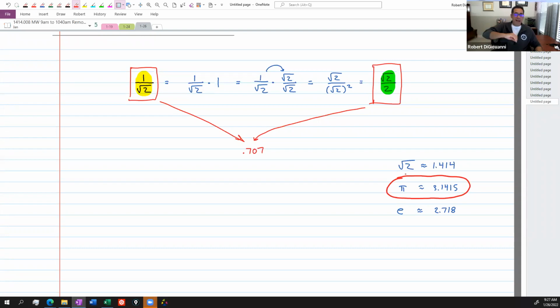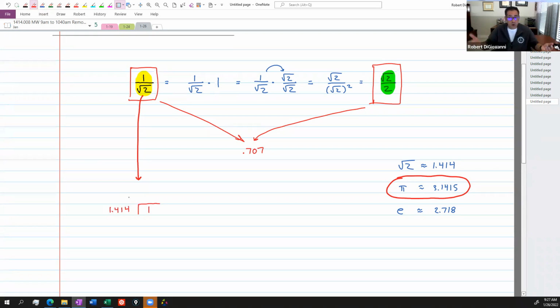So imagine you're back before the calculator was available, and you were in a math class and you had to figure out what this was. To do this computation, here's what you would have to do. You would have to go to old school division. You'd have to put the 1 in here, and on the outside, because you've memorized the square root of 2, you would have to put 1.414 out here.